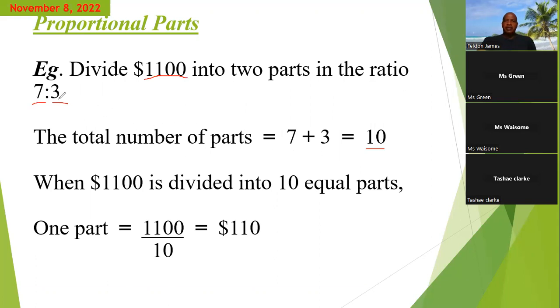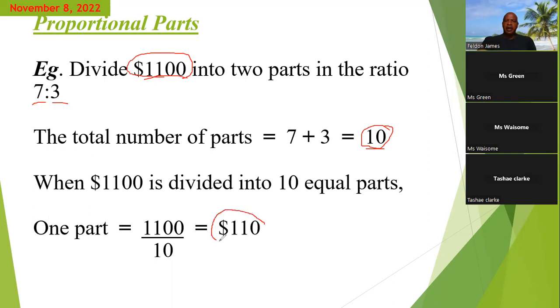So the sum of the ratio represents the total of what we are sharing. Now, to get 1 part of the share, we would divide the total by the sum. And so 1 part in this case is 1,100 divided by 10.